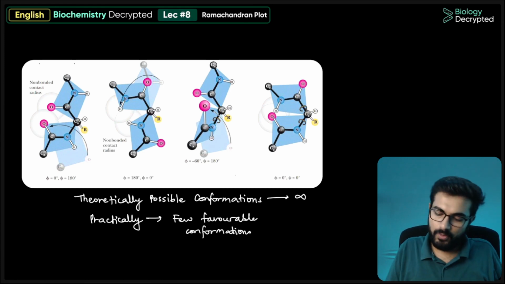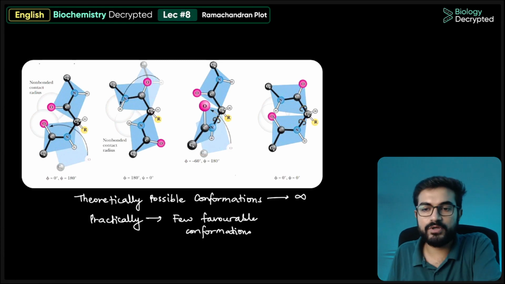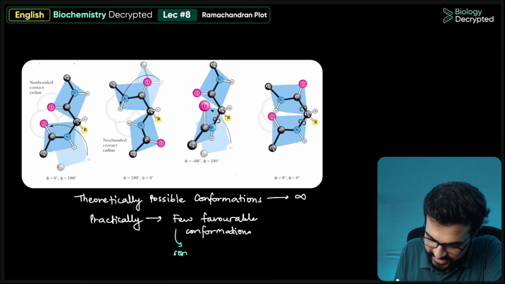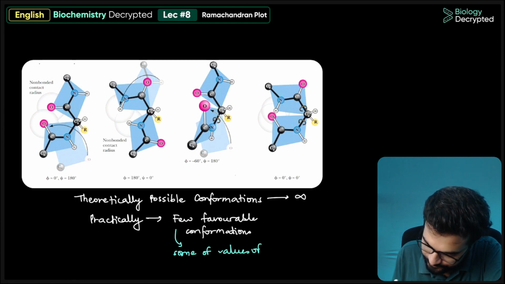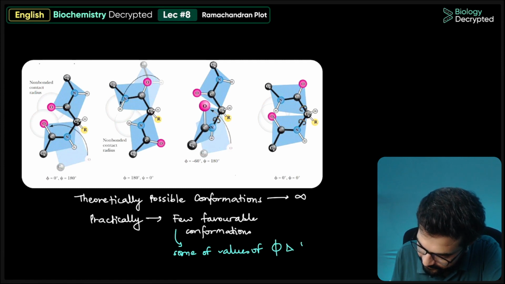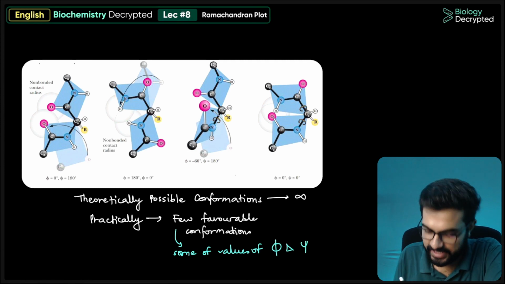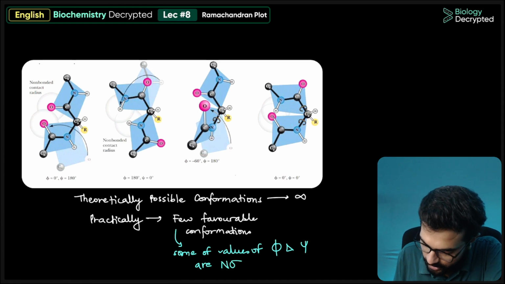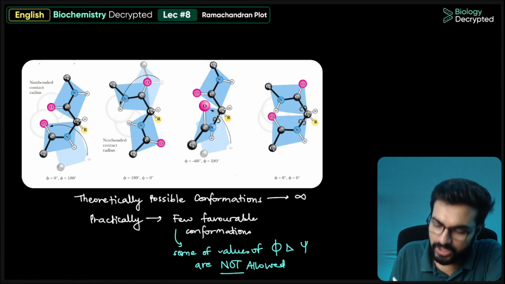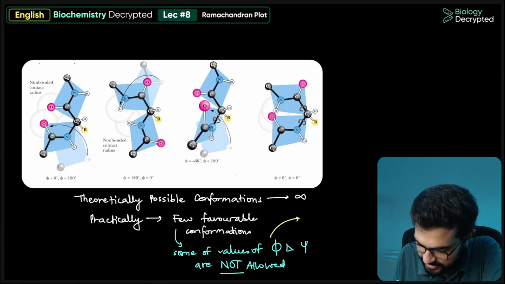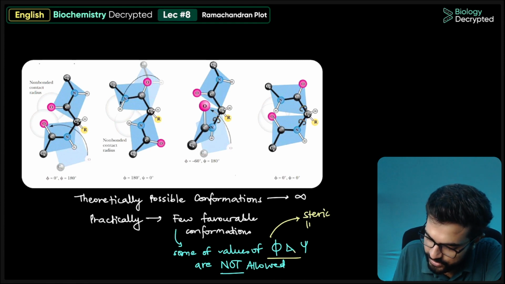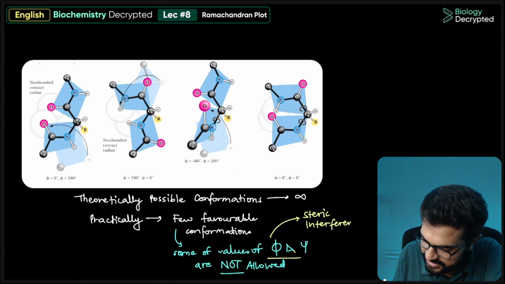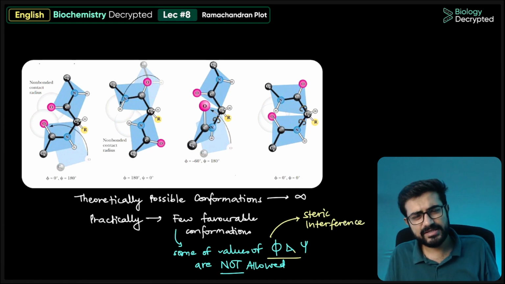Now, why does this happen? Well, this happens because of a reason. Some of the values of phi and psi are not allowed. And now you know the reason, because these combinations would have led to steric interference or steric hindrance, that is why nature has simply avoided them.